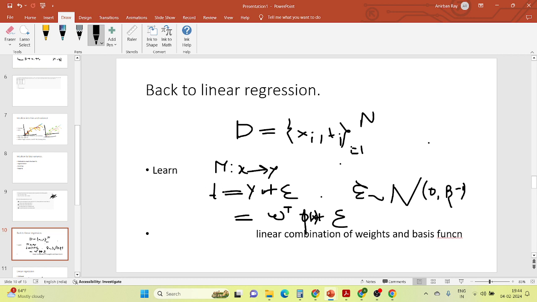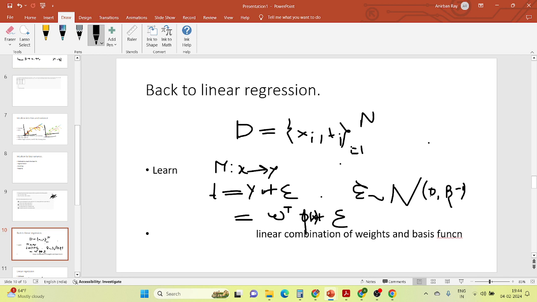We have got t, and this is the relation, and here this eta is called the noise, and it is defined as a Gaussian distribution with zero mean.